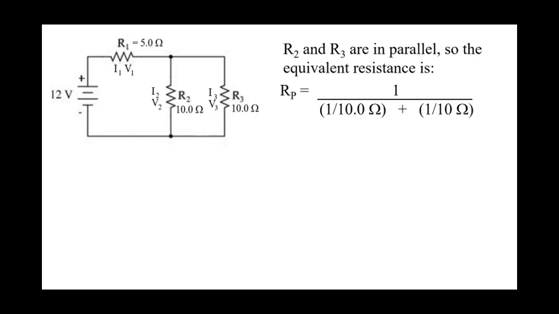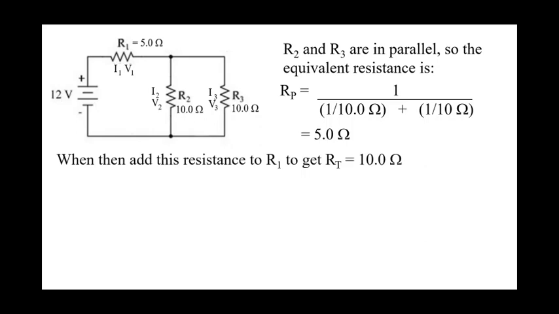If we take 1 over 10 plus 1 over 10, we get the total parallel resistance, which is 5 ohms. So we could take R2 and R3 right out of the circuit and replace them with a single resistor of 5 ohms. That 5 ohms is then in series with R1, which is also 5 ohms. So the total resistance of the circuit in this example is 10 ohms.